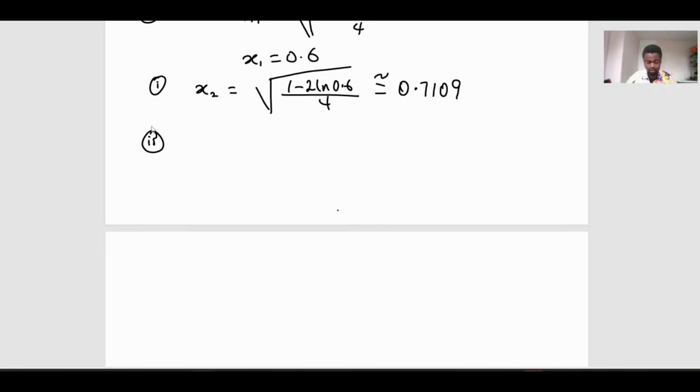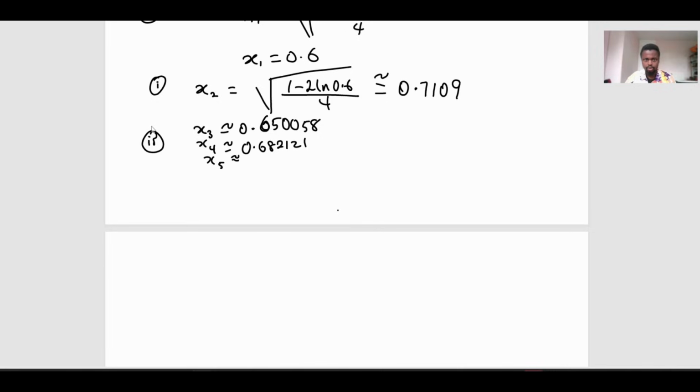So if you continue this, I will just write out my values. I did my values to 6 decimal places so that I'll be able to round to 4 decimal places. Then x4 gives you 0.682121.